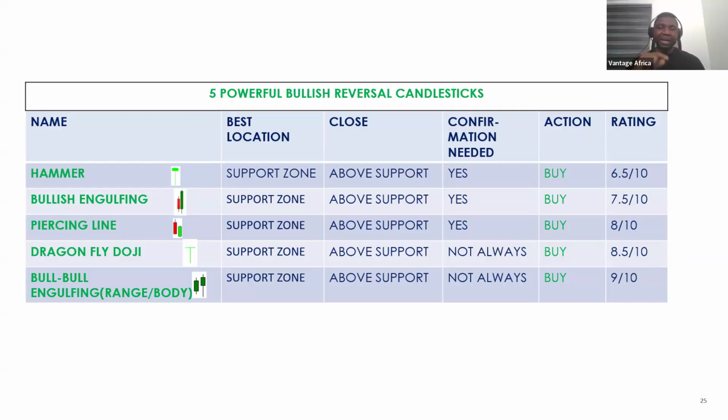All right. Now, if price is buying from level A to level B, and you're expecting price to buy from level A to level B and then change direction at level B, it means that there's an opportunity at A for you to enter the trade.